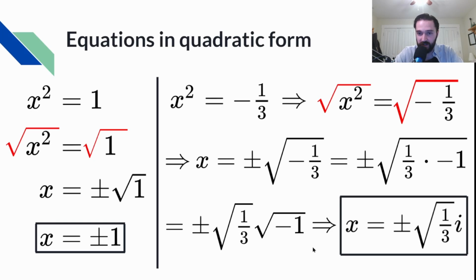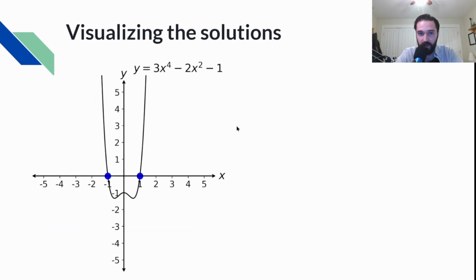So this is pretty interesting. We're getting 4 answers here, which is to be expected because the original equation was degree 4. We get 2 real solutions and 2 complex solutions. Let's visualize this. Here's the curve that represents this equation, and the equation we just solved was this blue one right here.